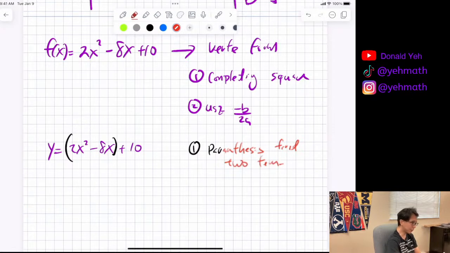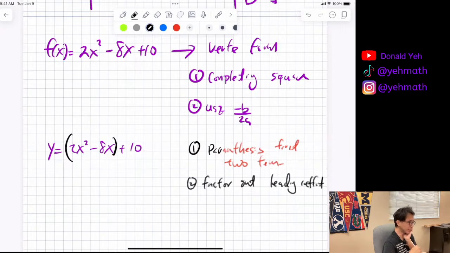Do you see that, parentheses around the first two terms? Second, factor out. Not factor out the x. Just factor out the leading coefficient. What's the leading coefficient here? 2. Factor out the leading coefficient.